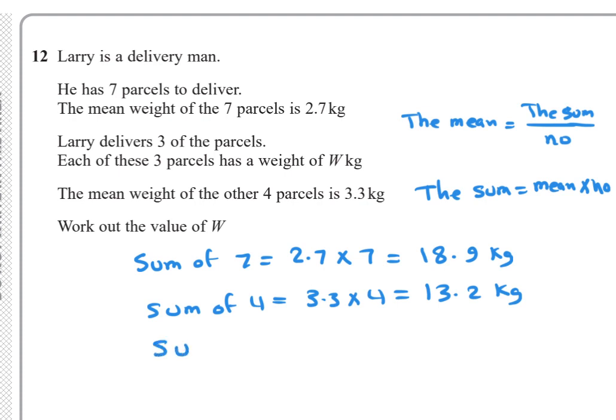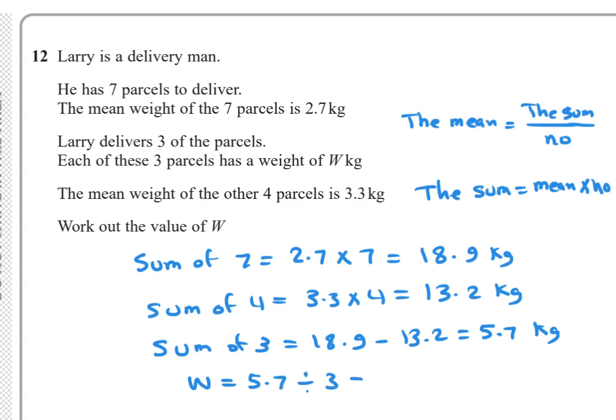So the sum of the 3 parcels equals 18.9 minus 13.2 equals 5.7 kg. Now each one of the 3 parcels has weight W. So to find W, divide 5.7 by 3, so 1.9 kg.